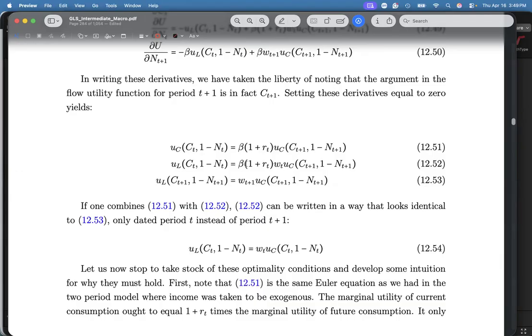That's why you're multiplying it by 1 plus RT. Okay? You're multiplying it by 1 plus RT is because you're increasing your future consumption by how much? Okay, by WT times 1 plus RT. And that becomes your future consumption, CT plus 1.